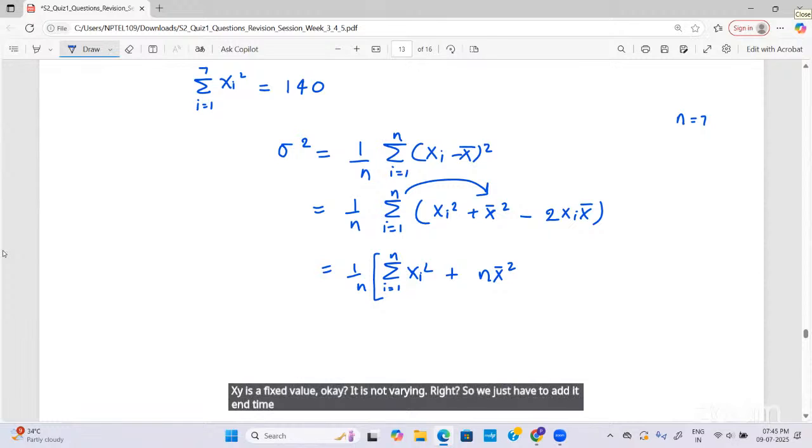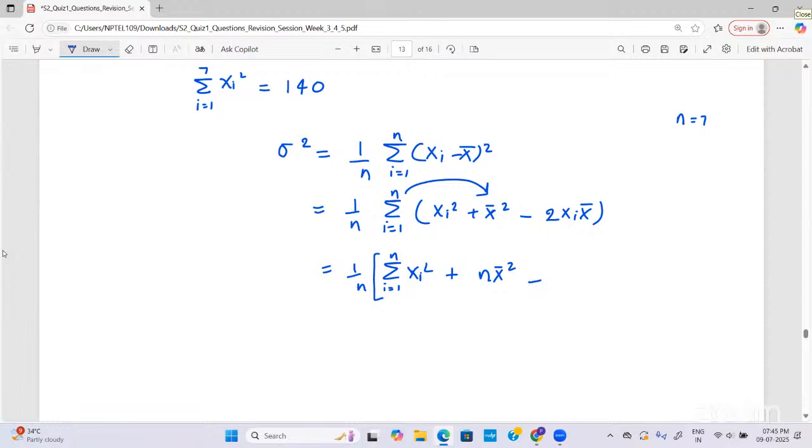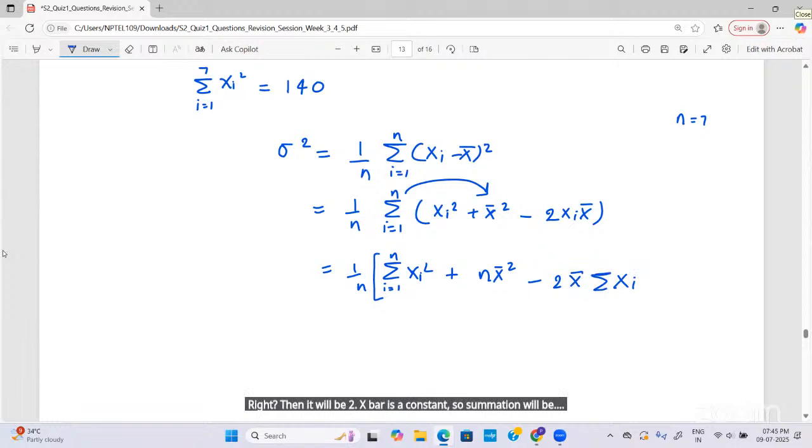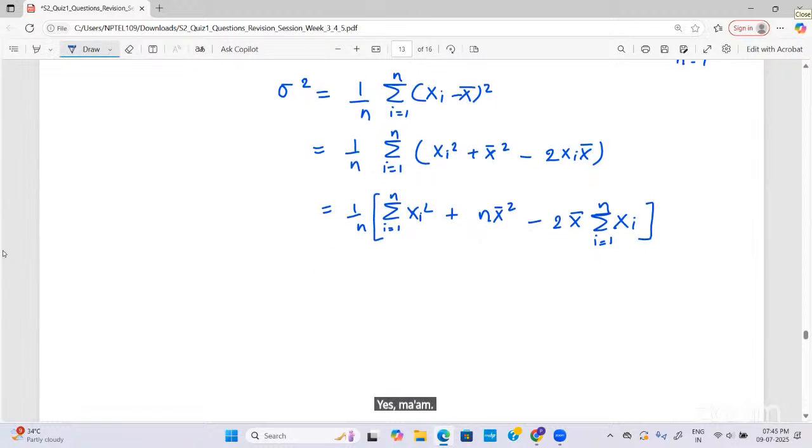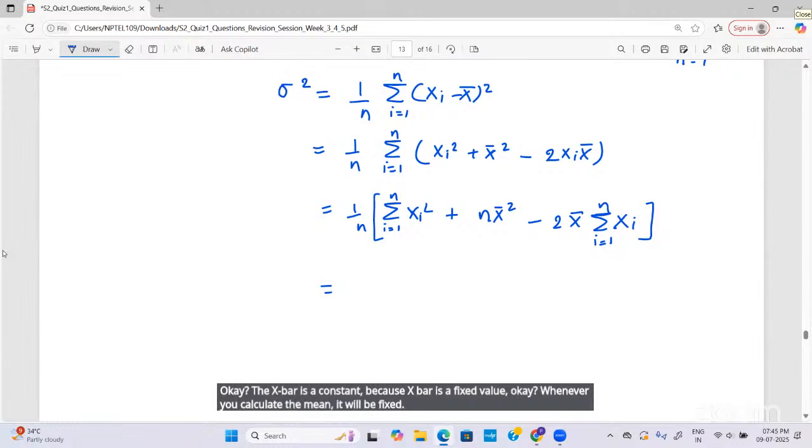So it will be n times x bar square. Then minus 2 x bar, which is a constant, so the summation will stay here only on xi. Is this step clear to everyone? Yes, ma'am. x bar is a constant because x bar is a fixed value. Whenever you calculate the mean, it will be fixed. It's not varying.